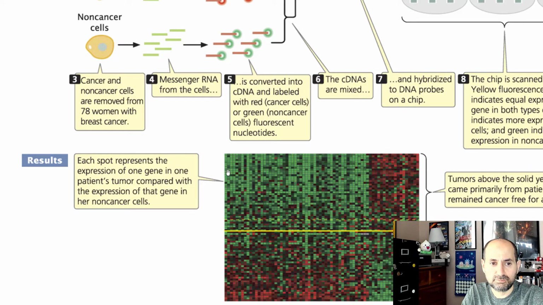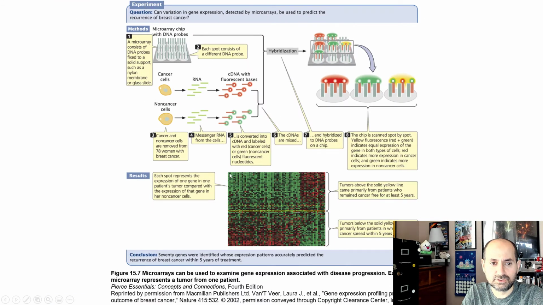Each one of those pixels represents a different gene. So here's a gene, here's a gene, here's a gene. Each spot represents the expression of one gene. So each pixel is a different gene, and you'd have thousands of different genes on here.